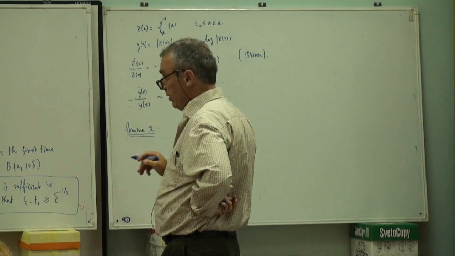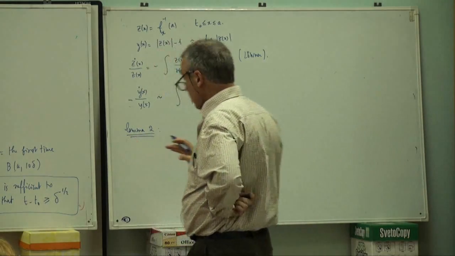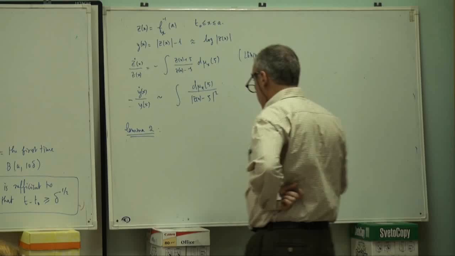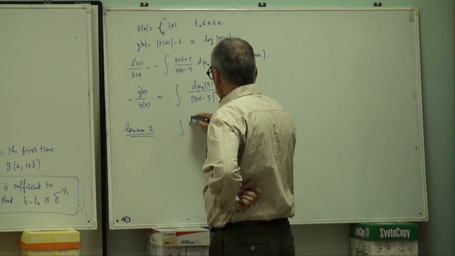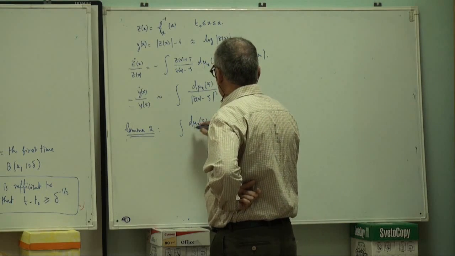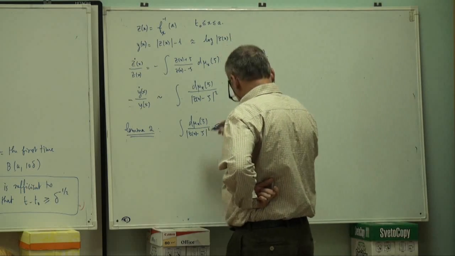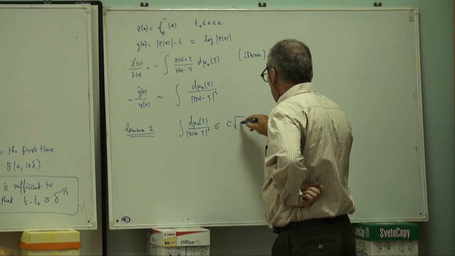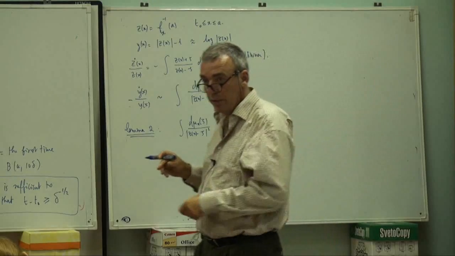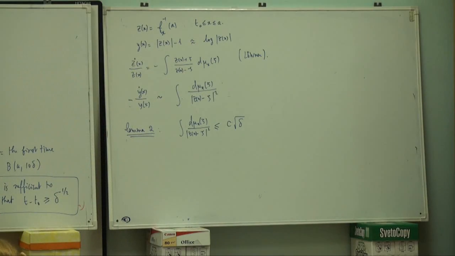Lemma 2 says precisely that the integral of d mu_x of zeta divided by z of x minus zeta squared is less than a constant times square root of delta. And then we get the square root here, which will be the right thing.